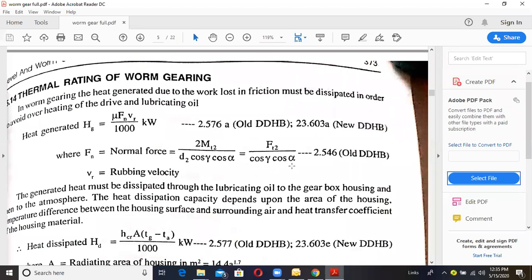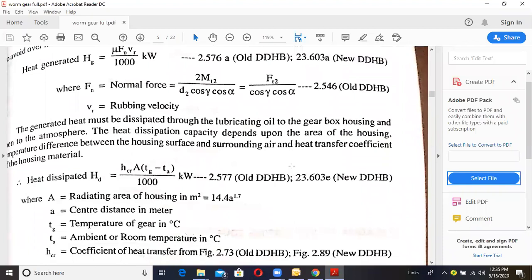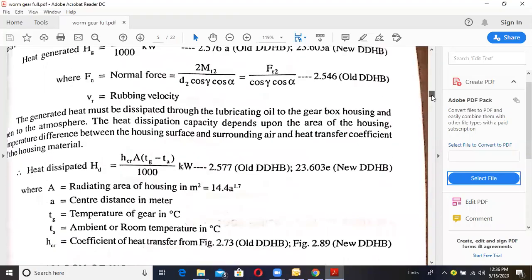Next, heat dissipated. Heat dissipated can be calculated by using the formula Hd equals Cr into A, Tg minus Ta, divided by 1000. As I told, heat dissipated depends upon three conditions: the area, the temperature difference, and the heat transfer coefficient. Here Cr is the coefficient of heat transfer, from the figure you will get 2.89.